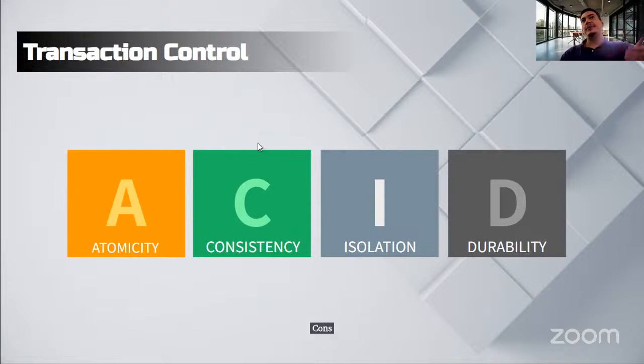Consistency: before the execution of a transaction and after execution, the data is consistent. The data doesn't lose its consistency. The data is not corrupted. And isolation: in the database, you have many concurrent users, many concurrent connections, and each user executes their transactions.